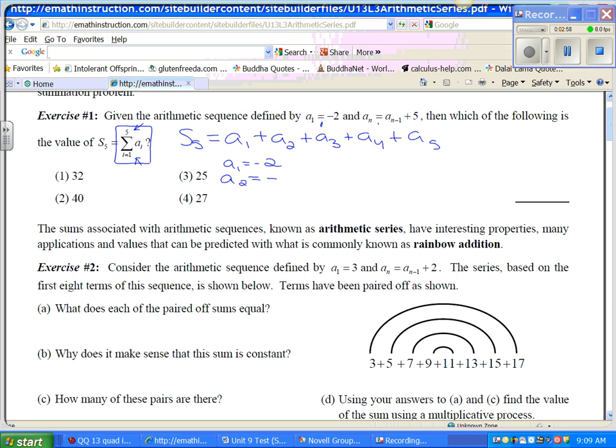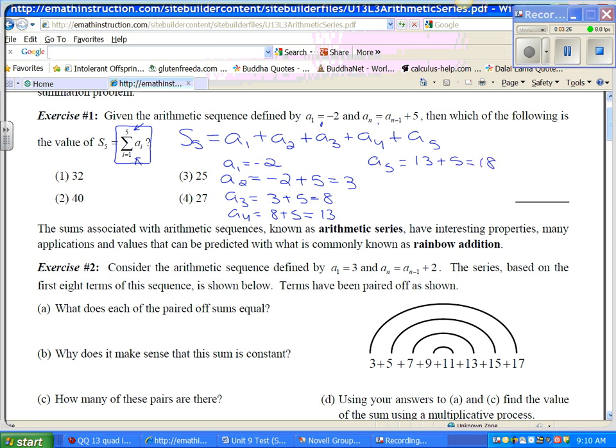I'm plugging in negative 2 for a sub n minus 1, and I'm adding 5, and I'm getting 3. Good. How do I find a sub 3? 3 plus 5, which gives me 8. A sub 4 gives me 13. All right, a sub 5. Good, which gives me 18.